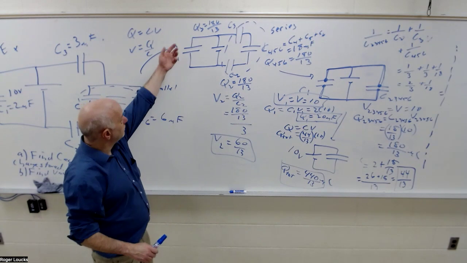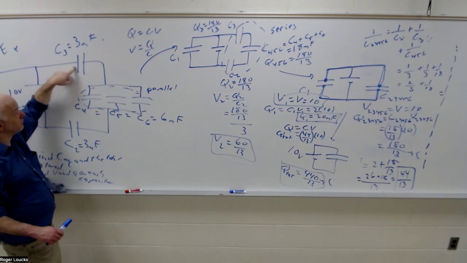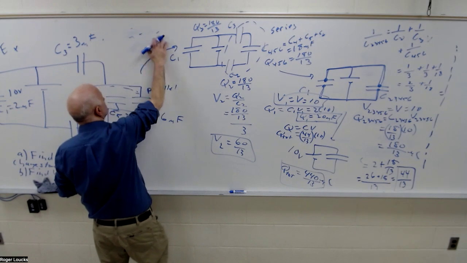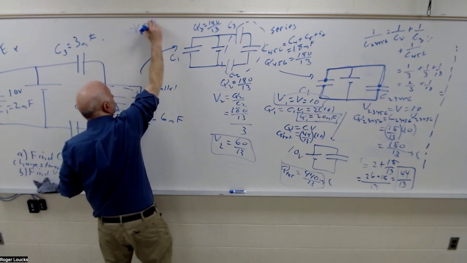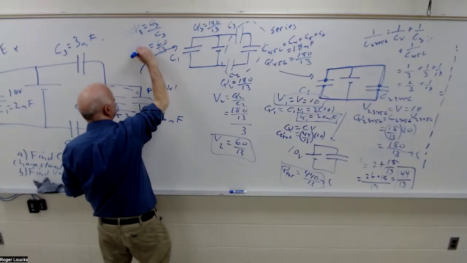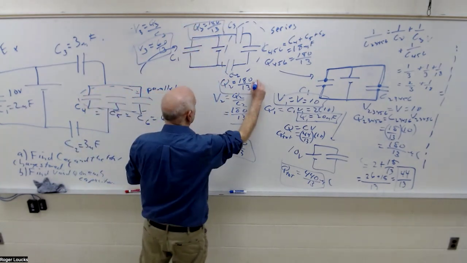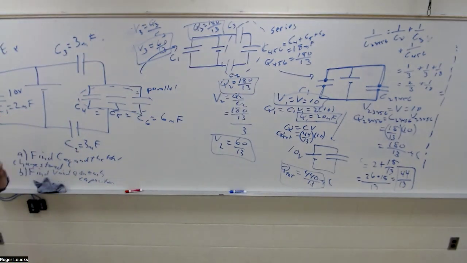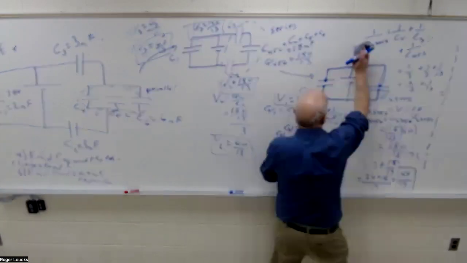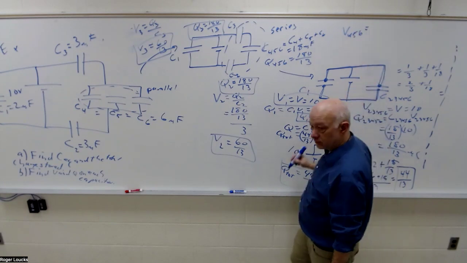Okay, then that means that this V3, since it has the same value of capacitance here, is going to be the same thing. It's Q3 over C3, so this has to be 60 over 13. That makes sense? Okay, tell me what now the voltage is for 4, 5, 6.